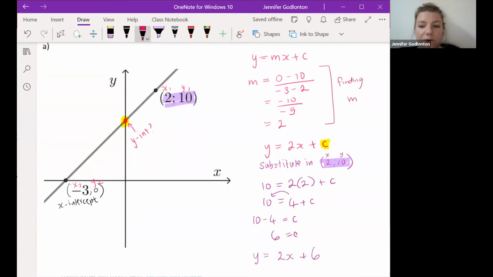Okay, once we've found m, the only new thing we're going to do here is substitute in a point. I can choose any one. I'm choosing this 2 and this 10. And so that's my y value and that's my x value. See, y value, x value. So I'm substituting those points in to find my c value. And once we found our c value, then we have our equation.